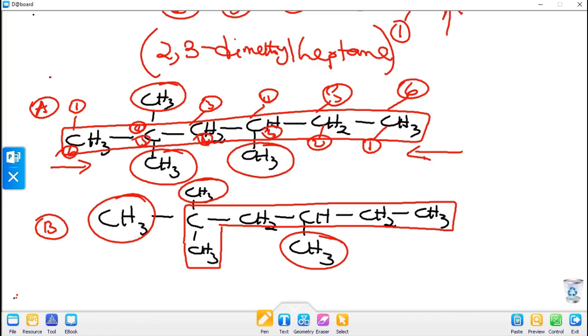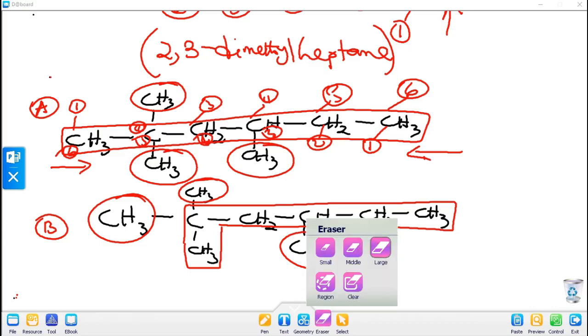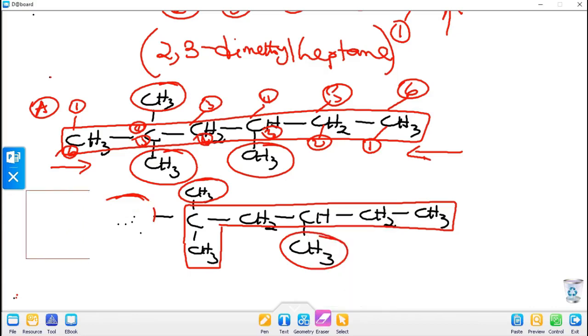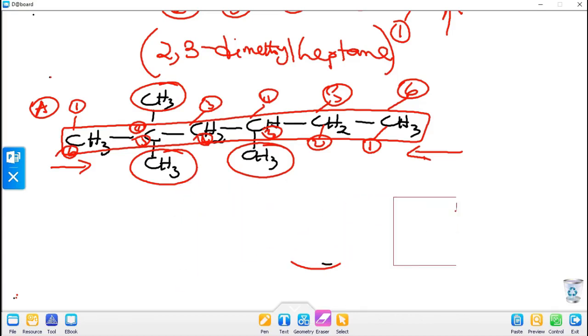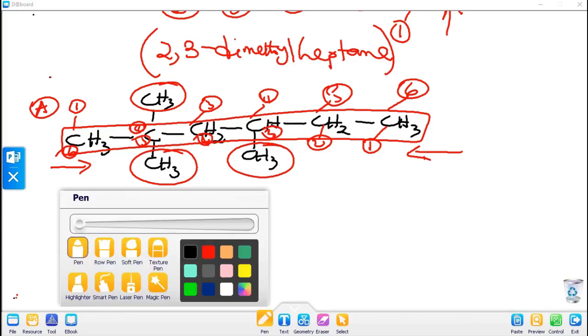So, if we go from the left-hand side, we have 2 side chains attached to the same carbon atom. Since we have agreed to go with student A, let us just make do with that and then erase this so that we can have clarity of explanations.